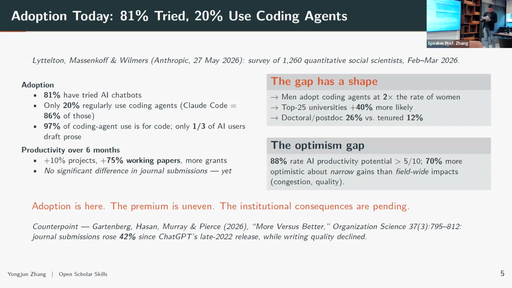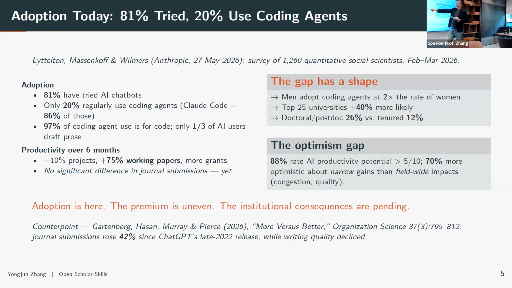So here, where does our field actually stand? This spring, Anthropic did a survey. They surveyed 1,260 quantitative social scientists. Nate Wimmer from MIT, who is also a sociologist, working with Anthropic, did the survey.